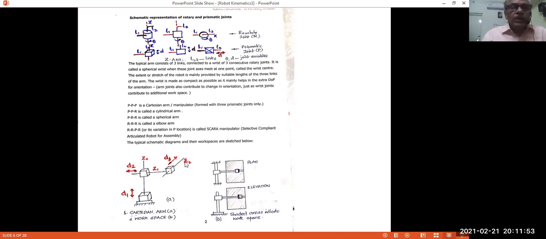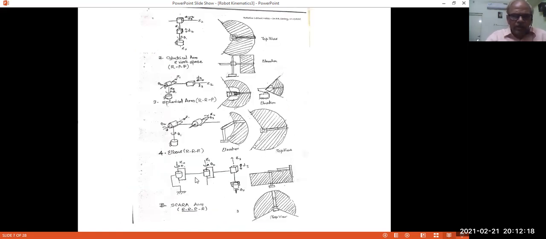So the workspace corresponding to the Cartesian arm is this. In the plan view, this is the motion of the end effector this way and this way. That is represented here. And in the elevation, this vertical motion and this motion are represented here. Together, the two pictures, plan and elevation, give information about the workspace possible.